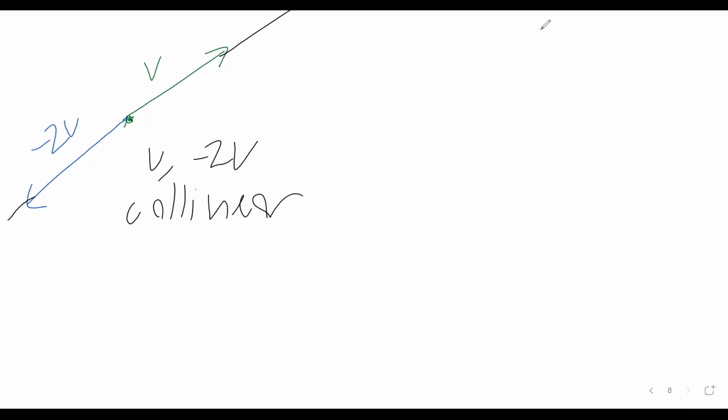Now, if you have vectors that are parallel, so if you have a vector here and you have a vector here, these are parallel.